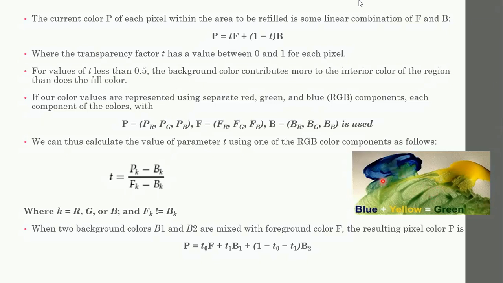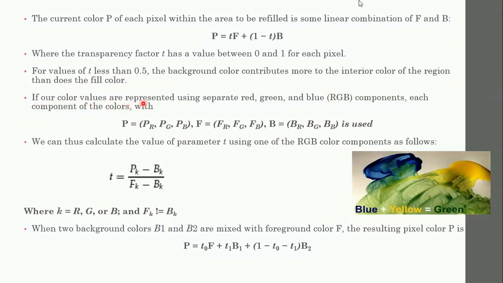More of blue color, less amount of yellow color. So you can imagine how the color will be, maybe a dark green color. If you add more of yellow color, then you get a light green color, is it? If you add more of blue color, then you may get a dark green color. So that is the effect of transparency. If transparency is less than 0.5, the background color contributes more.